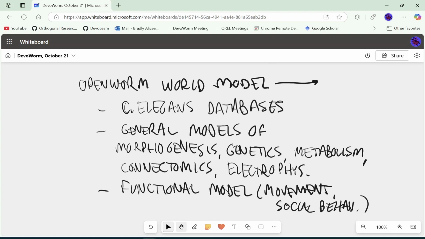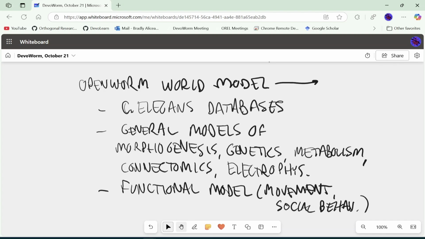The first is mining, or at least capturing, all of the C. elegans databases and using those as training data for this world model. As we showed in the meeting, we have genomic data, different experimental data, morphological data, data on the connectome, and electrophysiological data.